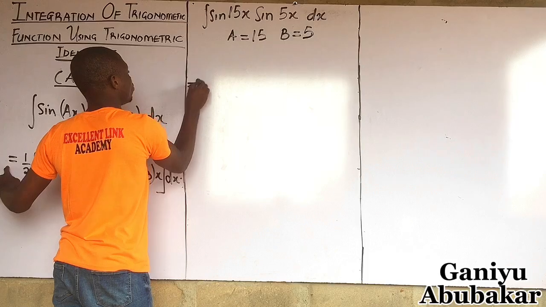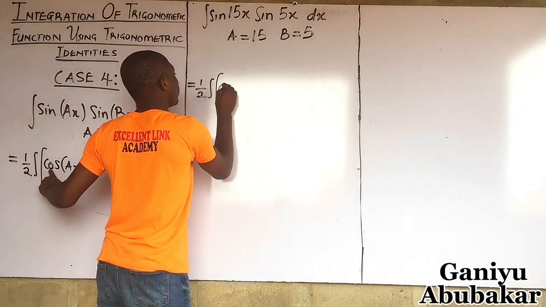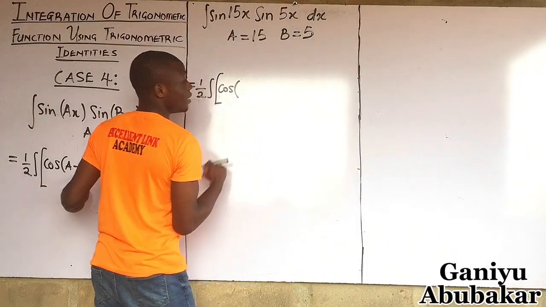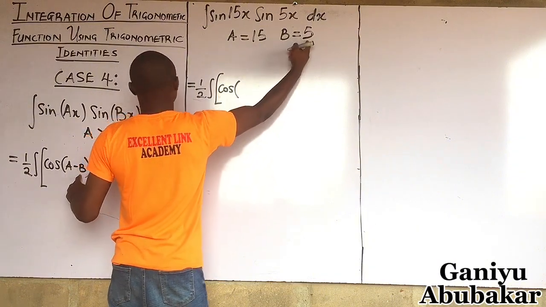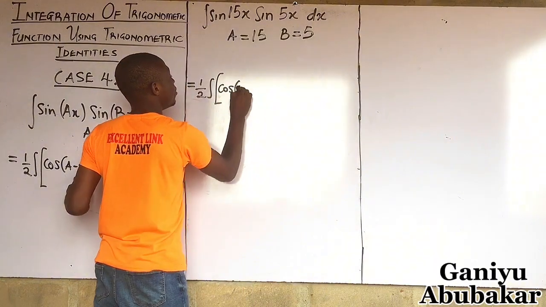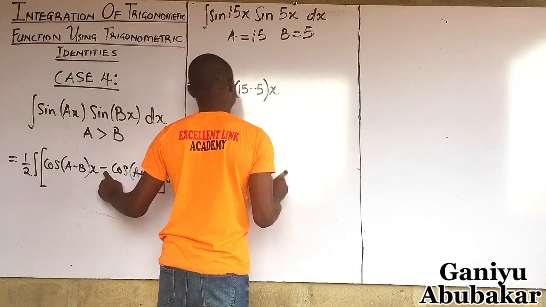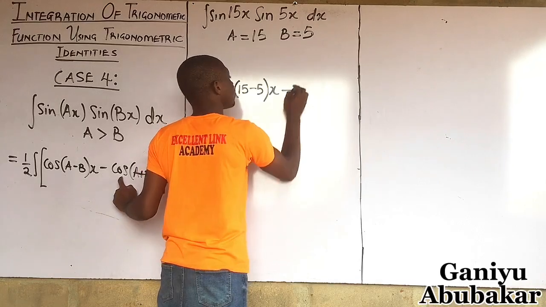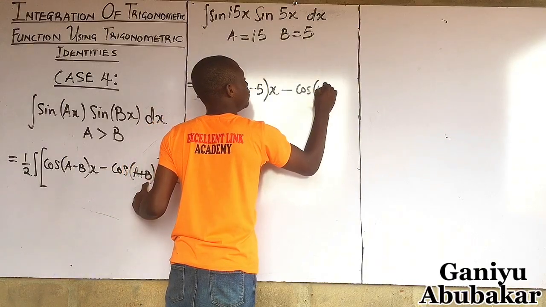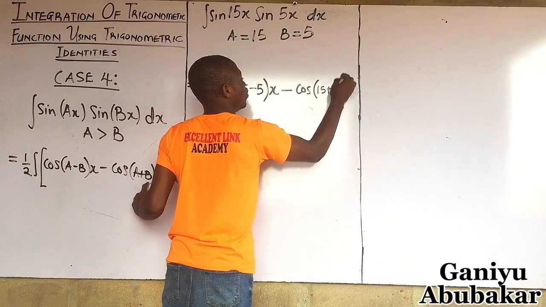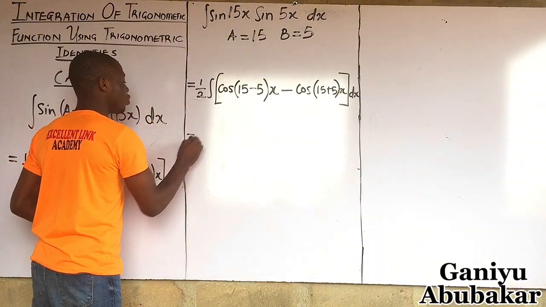This is equal in value to half integral of cos (a minus b), that becomes 15 minus 5, attach x to it, minus cos (a plus b), that becomes 15 plus 5, attach x to it, all with respect to x.